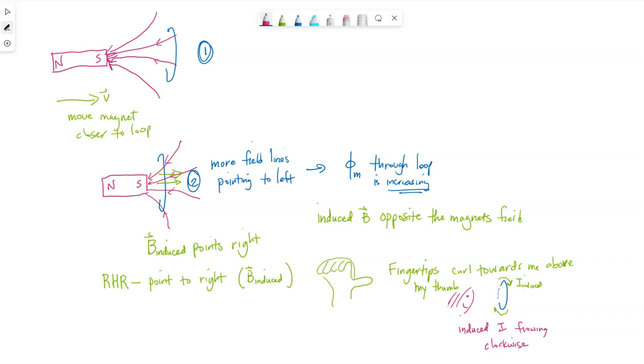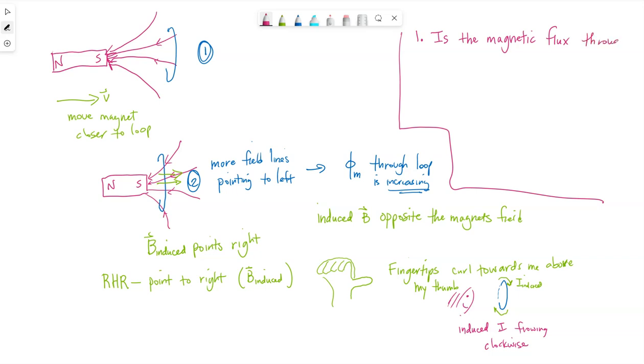Lenz's law takes multiple steps to use. There's not always one clockwise versus counterclockwise answer. So you can't memorize that part because that doesn't always stick or apply. So number 1, if you want to figure out the direction of induced current, you need to ask yourself, is the magnetic flux changing?